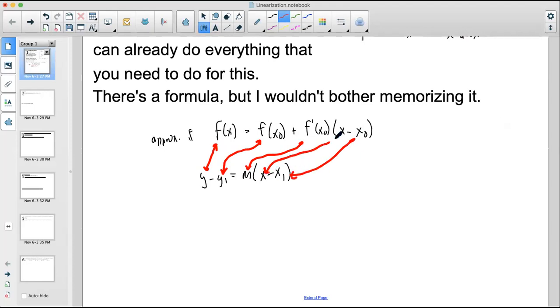So if you add the y1 to the other side, you get this, plus the derivative times x minus x0. So x0 is the point that you plug in. You'll see how this works in just a minute. You often want to solve for y in these, which is why this is written this way.